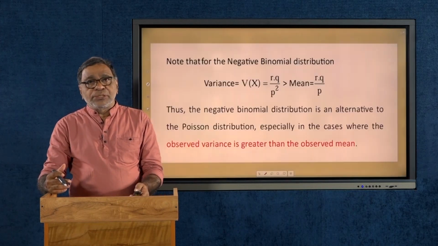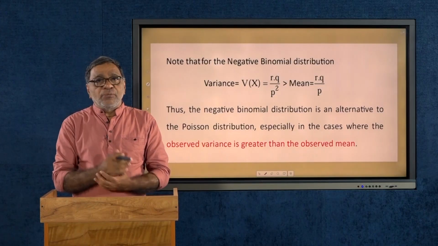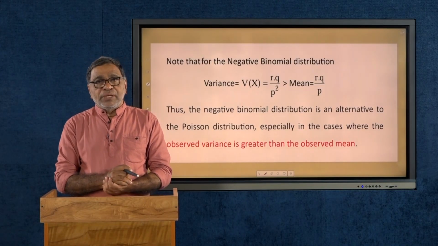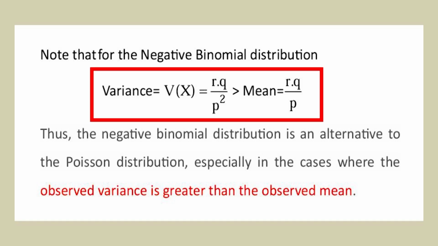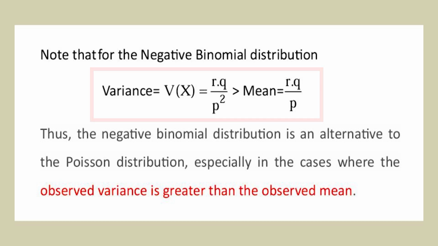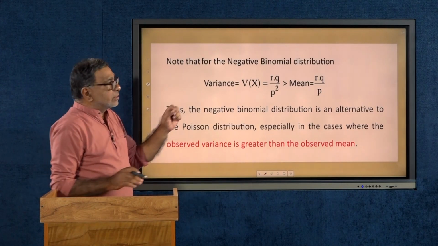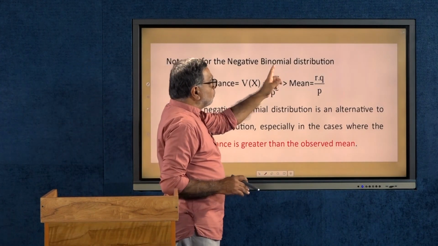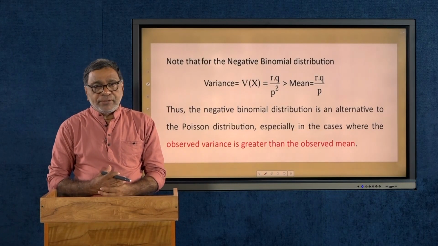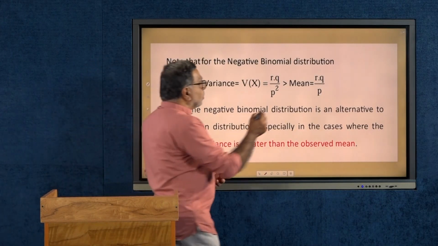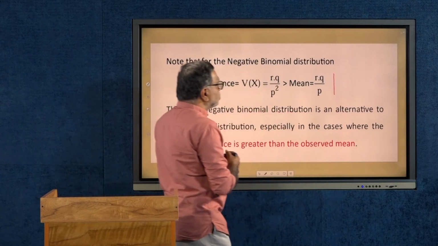For the negative binomial distribution, we have obtained the variance as r q divided by p square and mean as r q divided by p. Which is larger here? p is a value between 0 and 1, so the variance of x, r q divided by p square, is of course larger than the mean value r q divided by p. This is an important property of the negative binomial distribution.